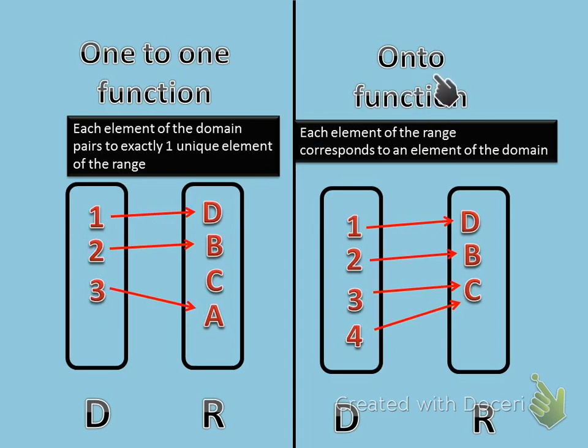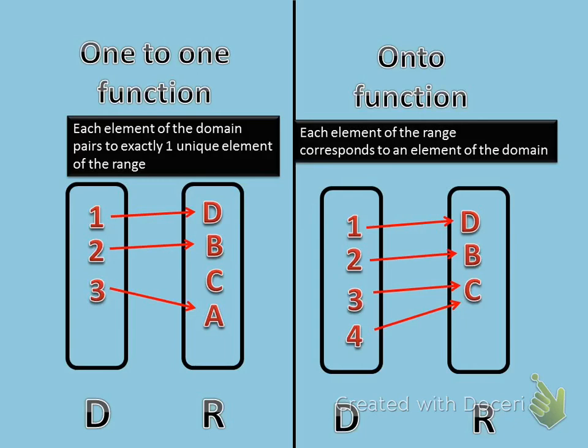Now, to be called what they call an onto function, which I think is the weird sounding one, an onto function means that each element of the range corresponds to an element of the domain. Alright, now take those two definitions and throw out domain and range and put in x and y. Alright, so one-to-one.